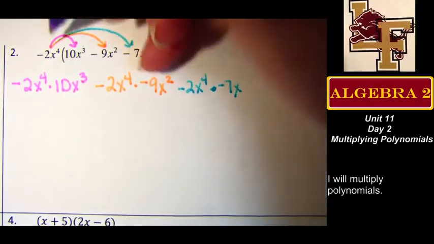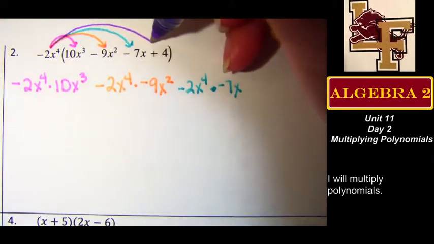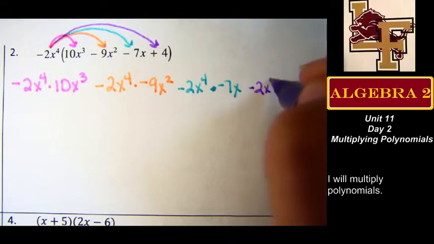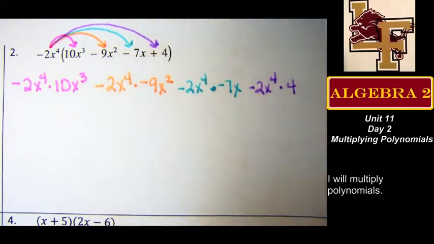And I'm going to do the same thing to the last term. Okay? Now that I've written down that I'm supposed to do the multiplication, and I've grouped everything by color, those are the things that are associated together.